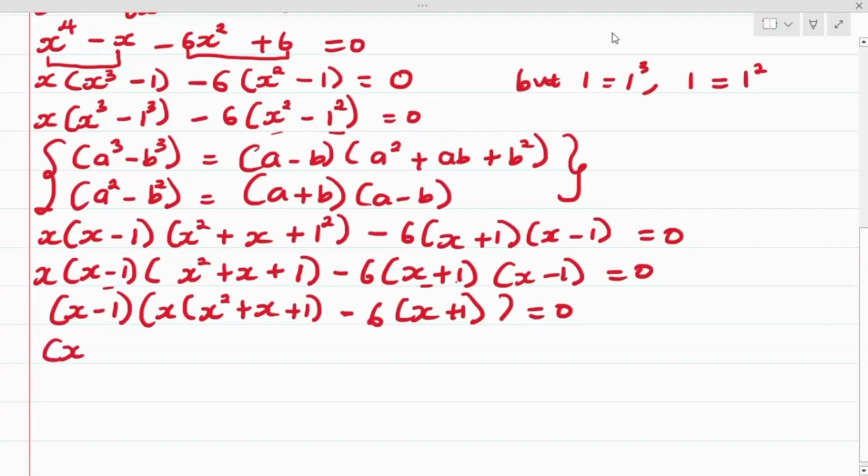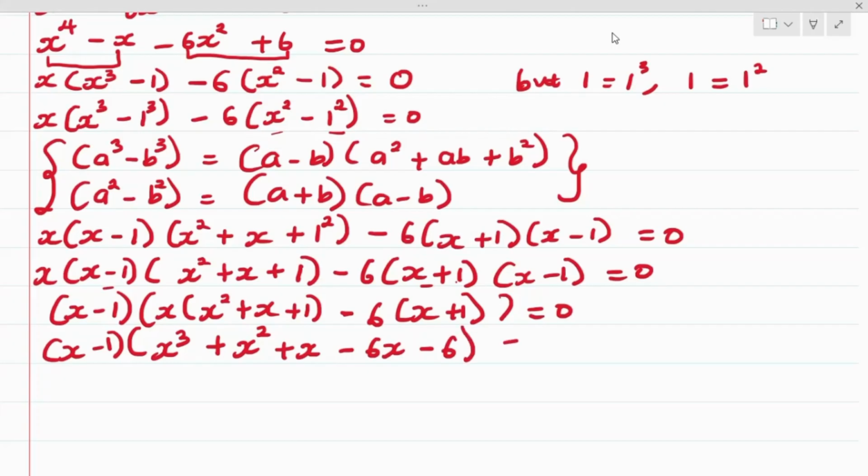So we have (x minus 1) multiplied by (x cubed plus x squared plus x minus 6x minus 6), and x minus 6x is going to give us minus 5x. So we have x cubed plus x squared minus 5x minus 6, equal to 0.